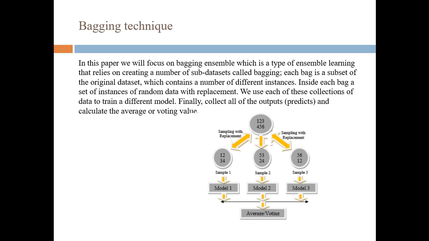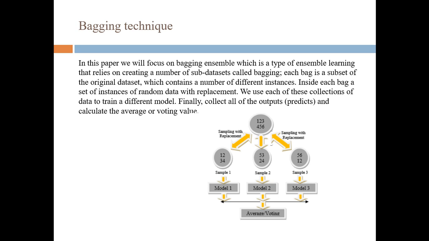Bagging technique. In this paper, we will focus on the bagging ensemble, which is a type of ensemble learning that relies on creating a number of sub datasets called bags. Each bag is a subset of the original dataset.